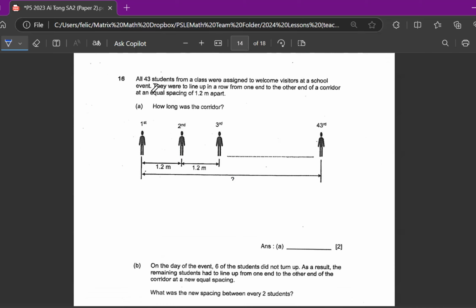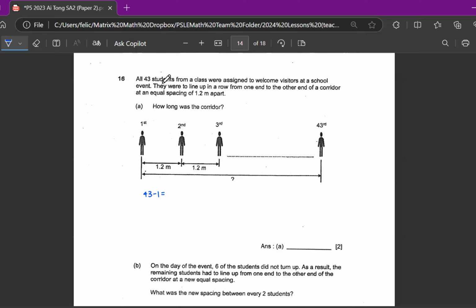Okay, so first, we know there are 43 students. So you've got to first find out how many intervals there are across 43 students, because I already know every interval is 1.2. To find the number of intervals, remember you can take 43 minus 1, last minus first position. In other words, the intervals are always one less than the people.